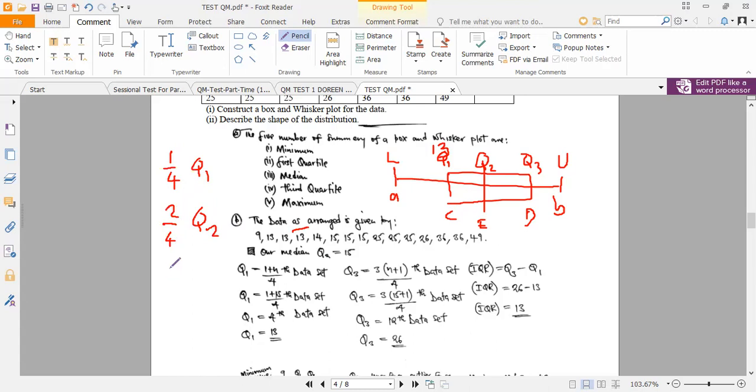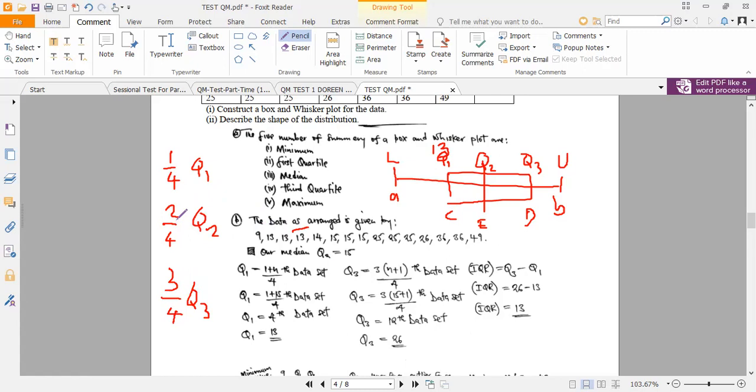It's 3 quarters, 75%, is Q3. So 3 over 4. Except for grouped data, we multiply this by n plus 1. So a quarter of 16 is 4. So digit number 4, 1, 2, 3, 4. We put 13 on the first quartile.